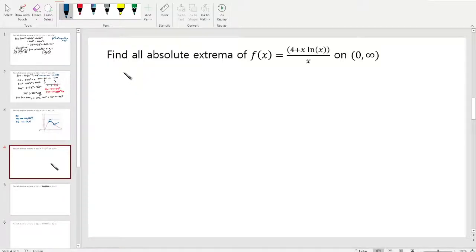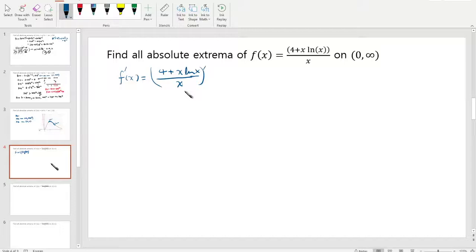Okay, so let's take the function and let's differentiate. Now there are several ways to differentiate this. You can use the quotient rule.